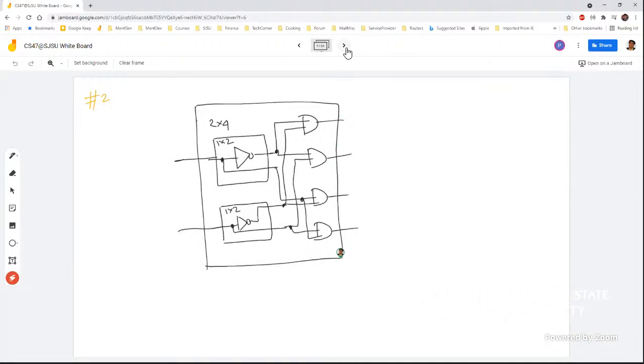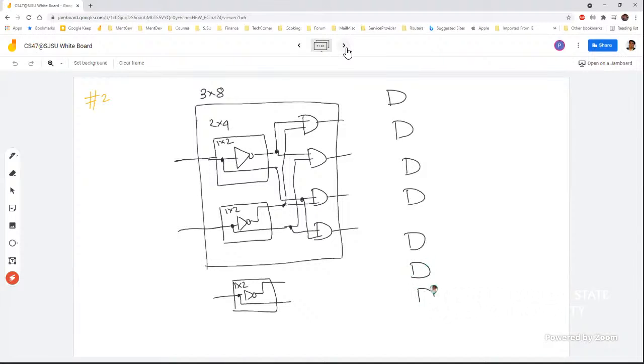Now on top of this, we want to build a 3/8 line decoder using this component. We can just bring in another 1/2 line decoder and combine with 8 AND gates, and then we start combining all these different combinations together.